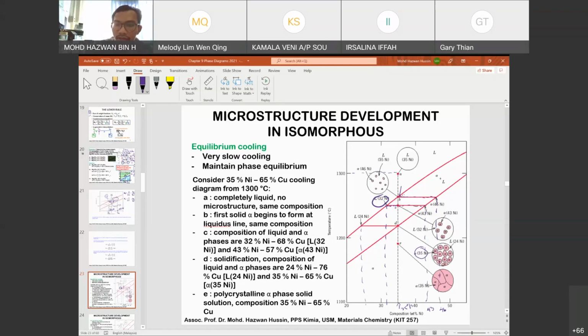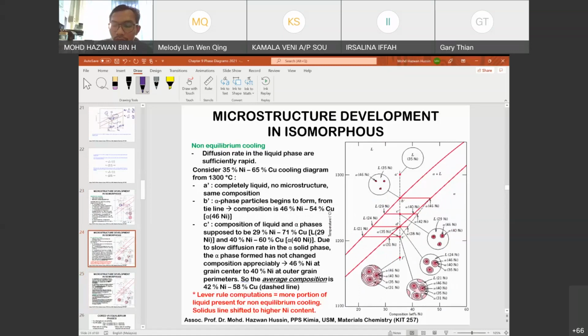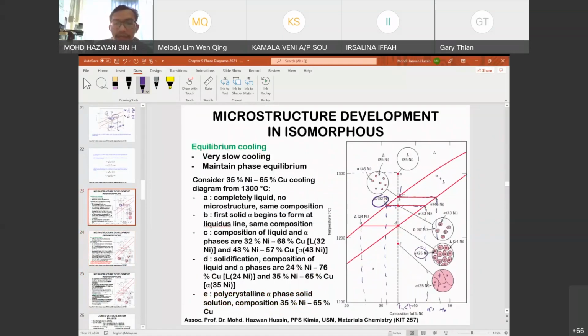For non-equilibrium cooling, we are going to continue this on Friday. But as homework, I want you to draw the microstructure of all these points, A, B, C, D and E, at 35% of nickel. I'm going to post an event in your e-learning.